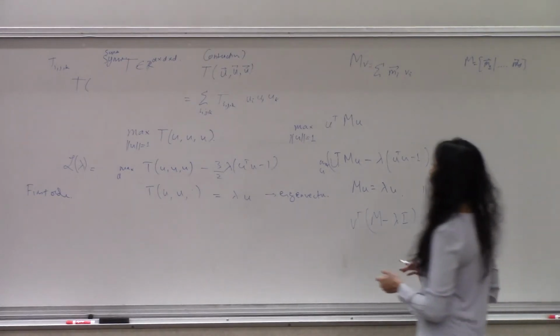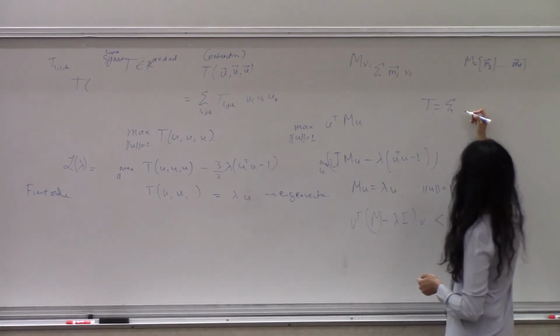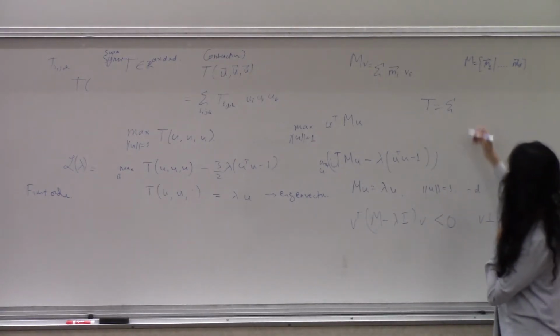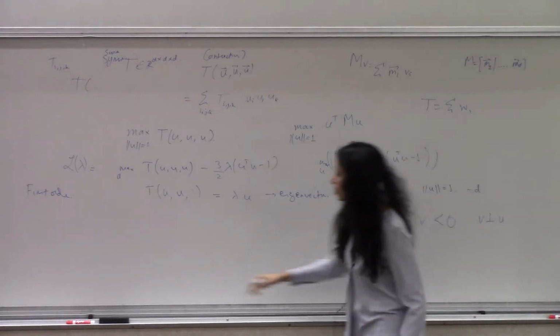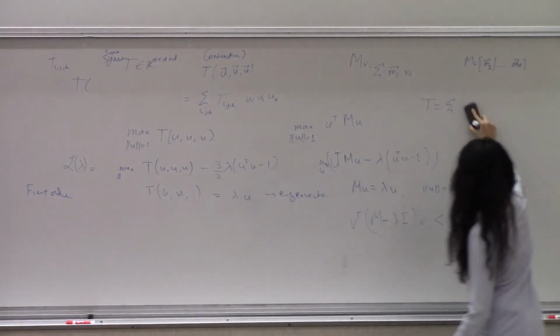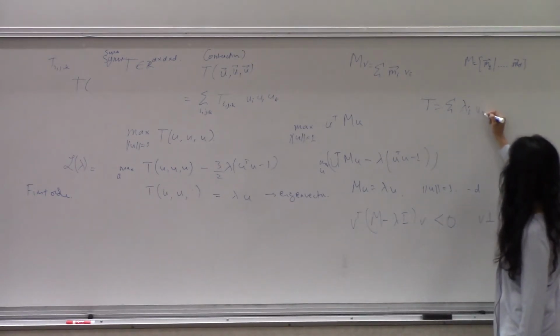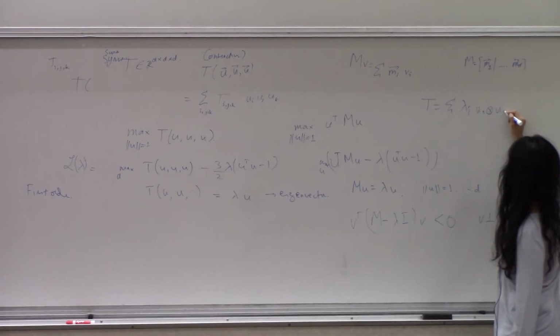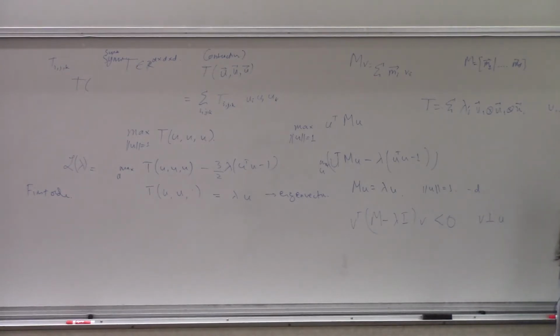But there is actually something nice if you take a special case where you assume that the columns are orthogonal. Maybe I'll use a different notation. Let's say the tensor had this decomposition where all the U_i are orthogonal to the other U_j.